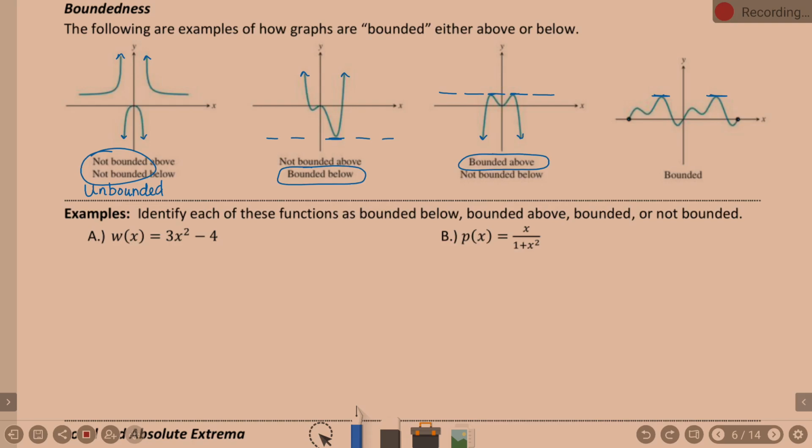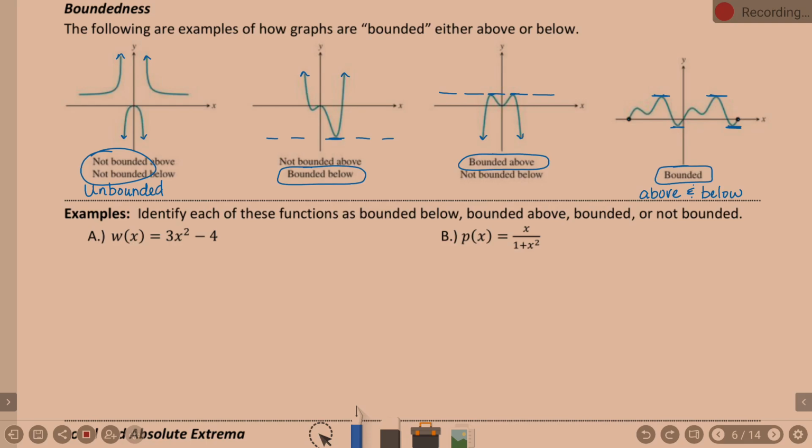On bottom, is there a lower boundary? It never goes any lower than those marks, so what do we know? This is bounded, and when we talk about bounded, bounded means it's bounded both above and below. So it's bounded, meaning bounded above and below.